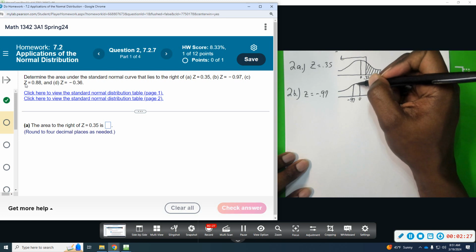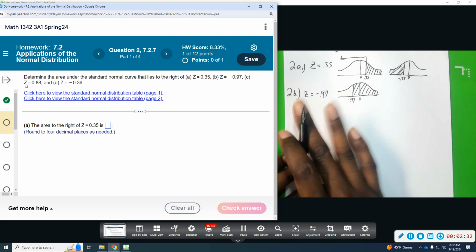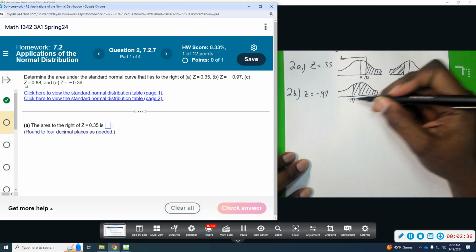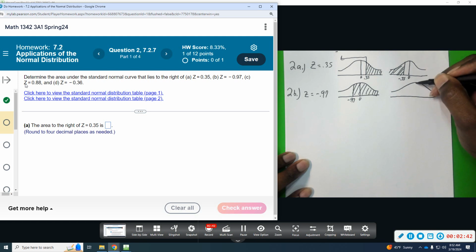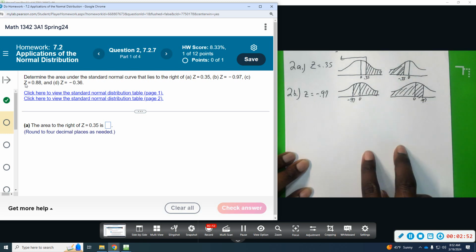It says the area to the right, so this is what I'm looking for. Again, I'm going to look up the opposite, so the opposite of negative 0.97 is to look up positive 0.97. And the area to the left of that, these two are equal. They're like mirror images.